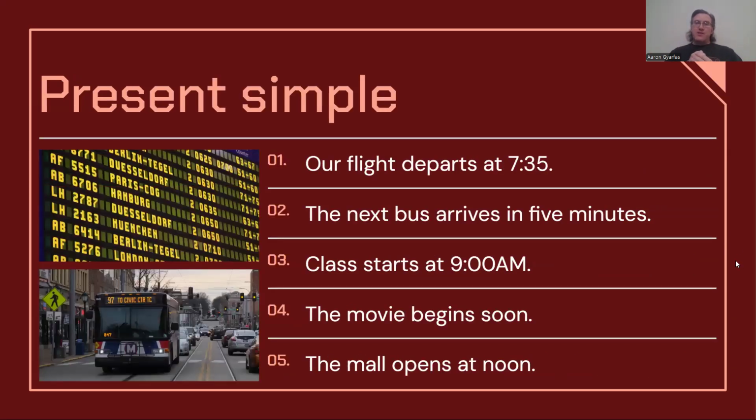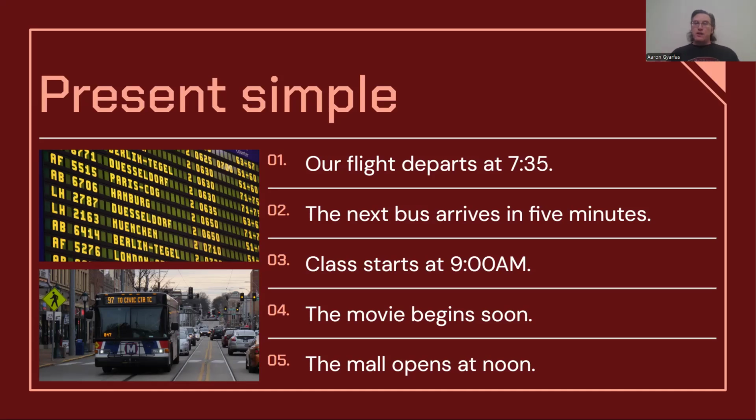If it's something that's on a schedule or timetable, we can use present simple. So when we talk about an airline or airport schedule, our flight departs at 7:35. If it's a bus schedule, the next bus arrives in 5 minutes.